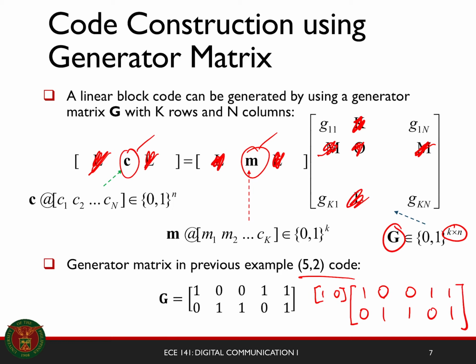The trick here is that only the first column has a bit 1 and the other column has a bit 0. That means you're just getting the first row of the generator matrix, which is 1 0 0 1 1.